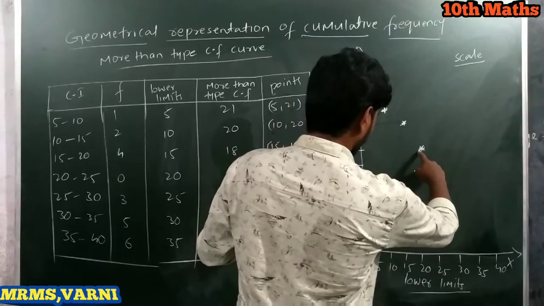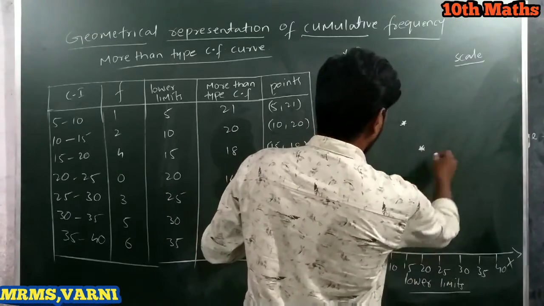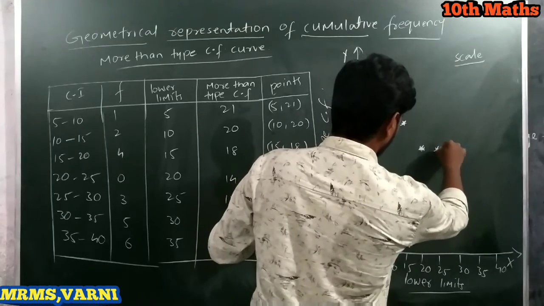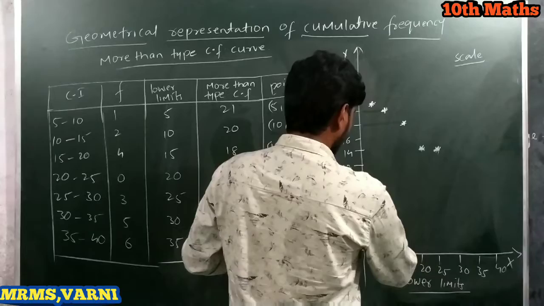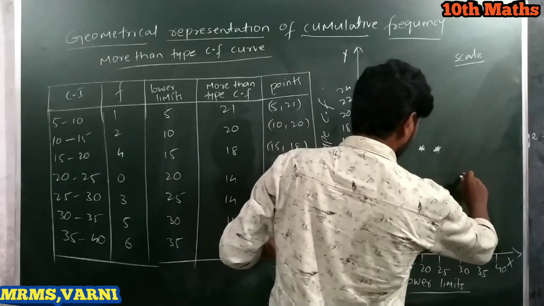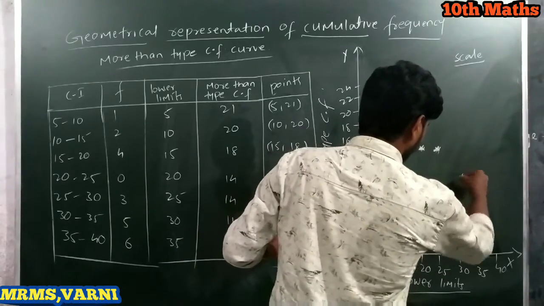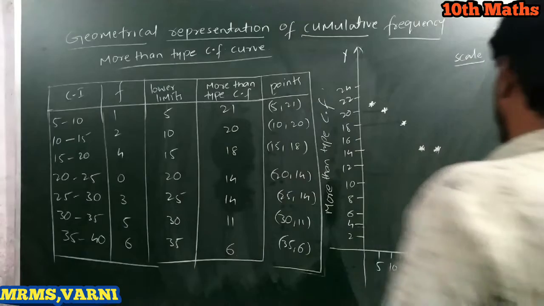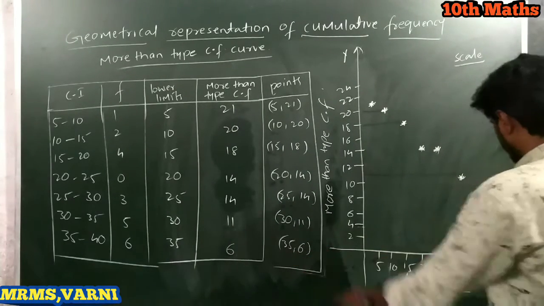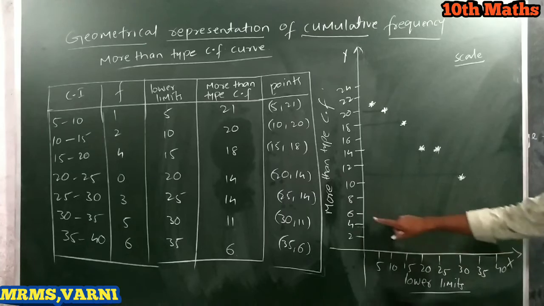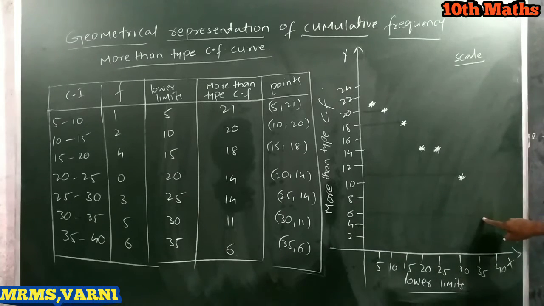And 30, 11. This is 30, 11. Is it okay? Right. Next 35, 6. 35 is here, 6 here.